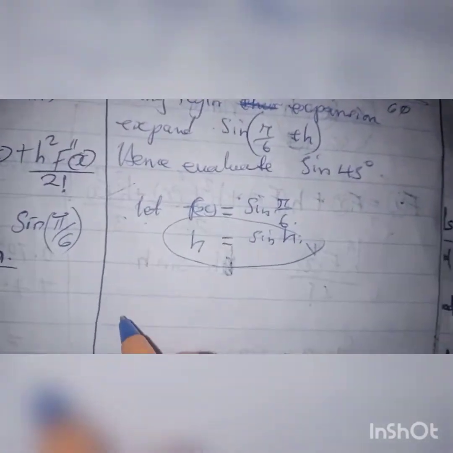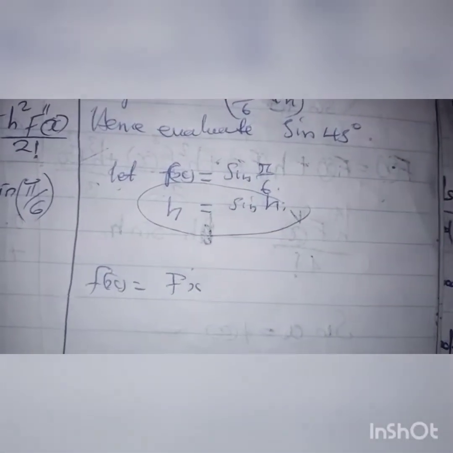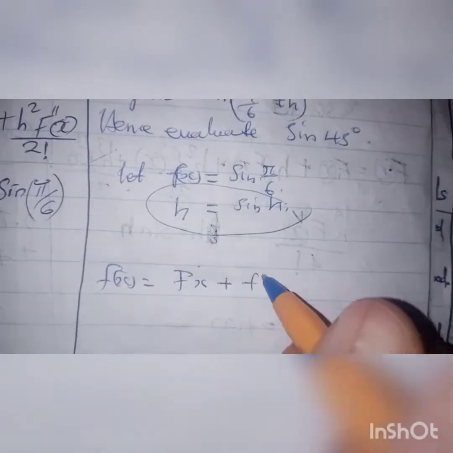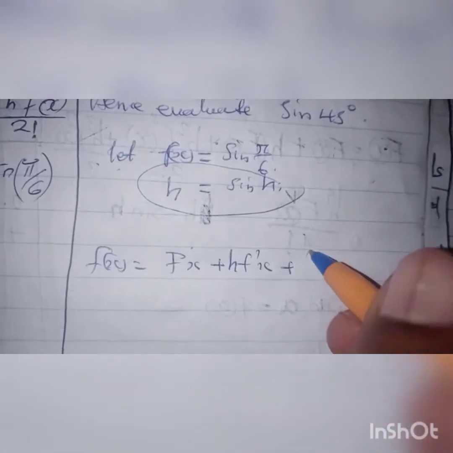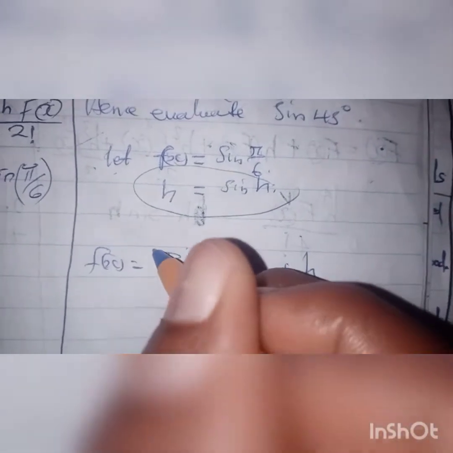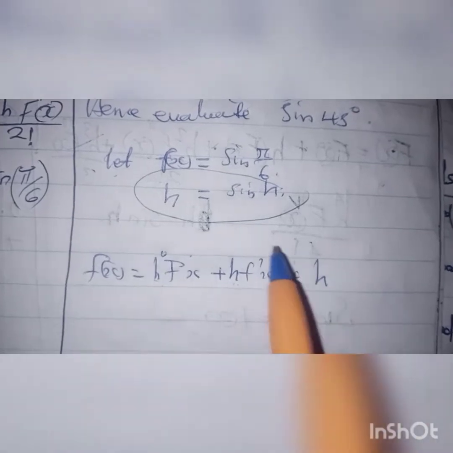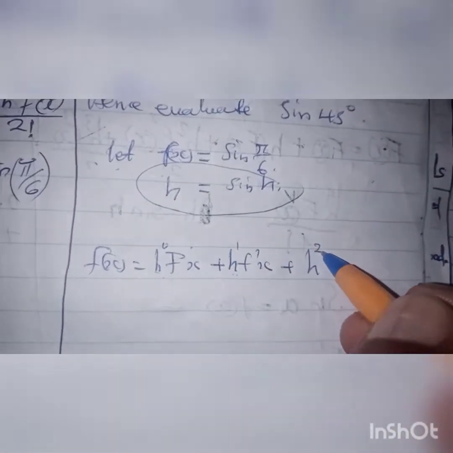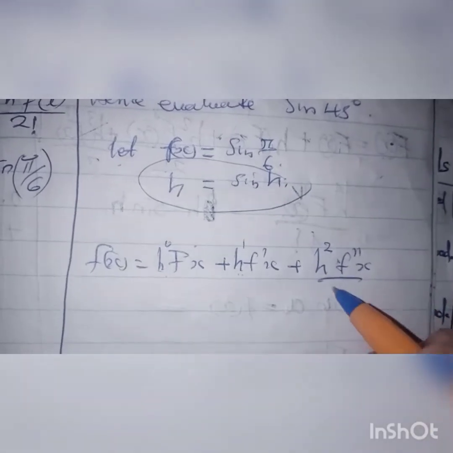We know that for any function of x, for Taylor series, we take f(x), the function of x, we add f prime of x multiplied by h. The series keeps on, with h raised to power 0 over 0 factorial, h to power 1 over 1 factorial, then h squared times f double prime of x all over 2 factorial.